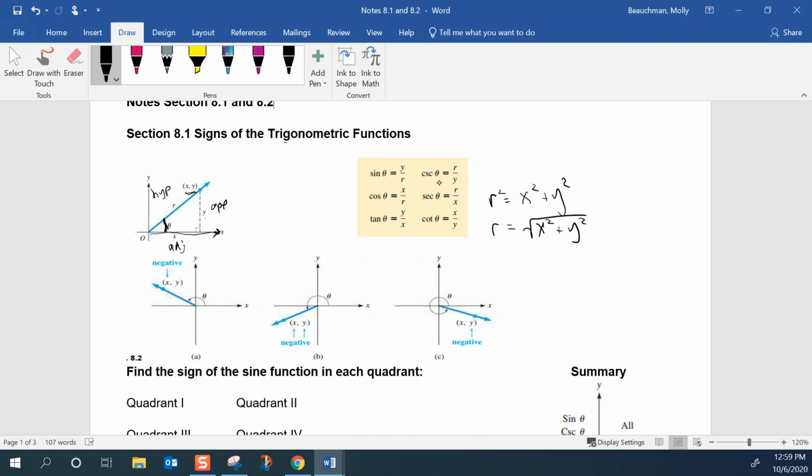Remember that sine and cosecant are related in that cosecant is equal to 1 over the sine. So if you have sine, cosine, and tangent, you automatically have cosecant, secant, and cotangent, because secant is 1 over the cosine, and cotangent is 1 over the tangent. So in the first quadrant, all 6 trig functions are positive.